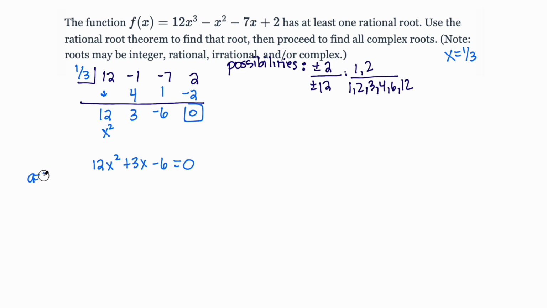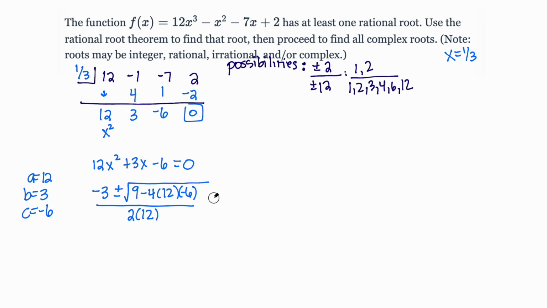So A is 12, B is 3, C is negative 6. So I'll get negative B plus or minus the square root of B squared, which is 9, because 3 squared is 9, minus 4AC all over 2A.